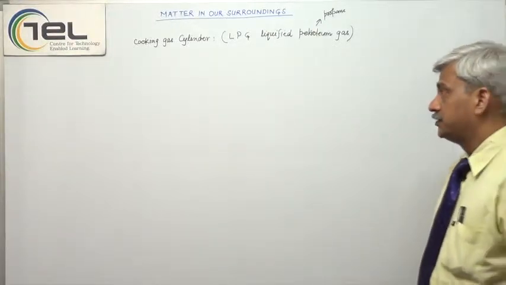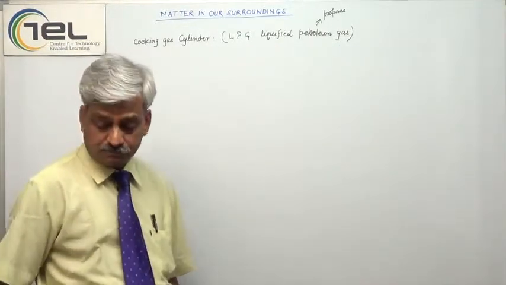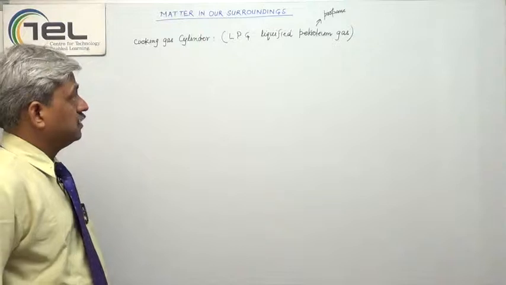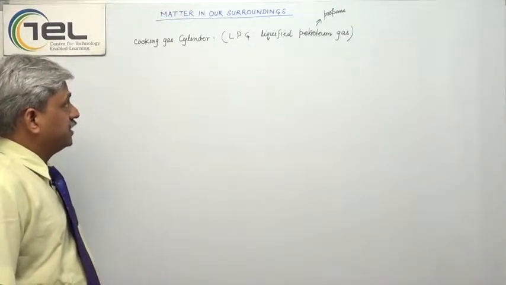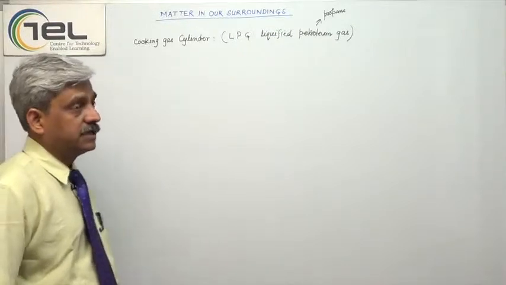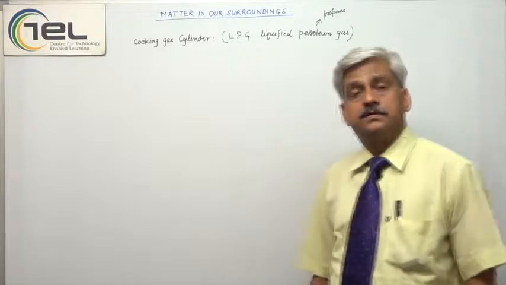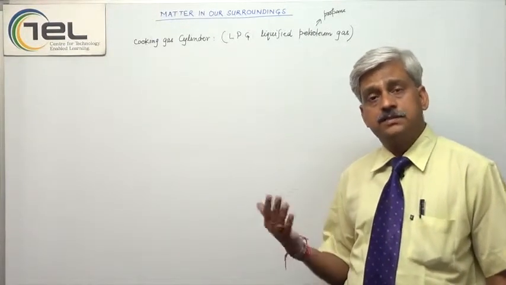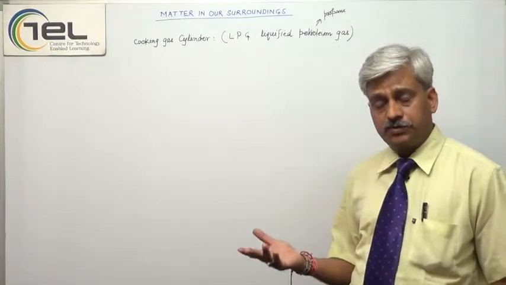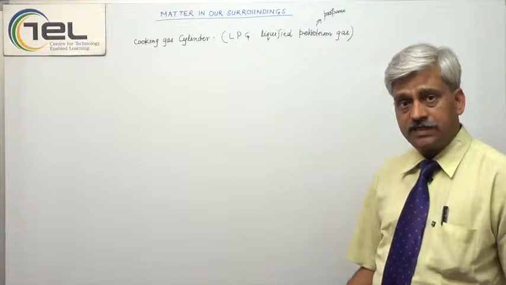In the other feature, you also have to understand how it works. Let's say initially the pressure inside the cylinder is quite large because the number of moles of gas inside the cylinder is more. You know that when the cylinder comes from the agency, it is filled.